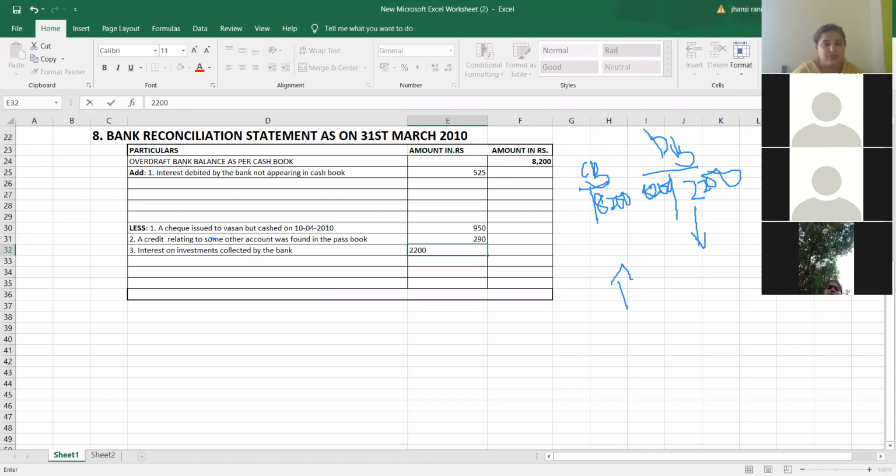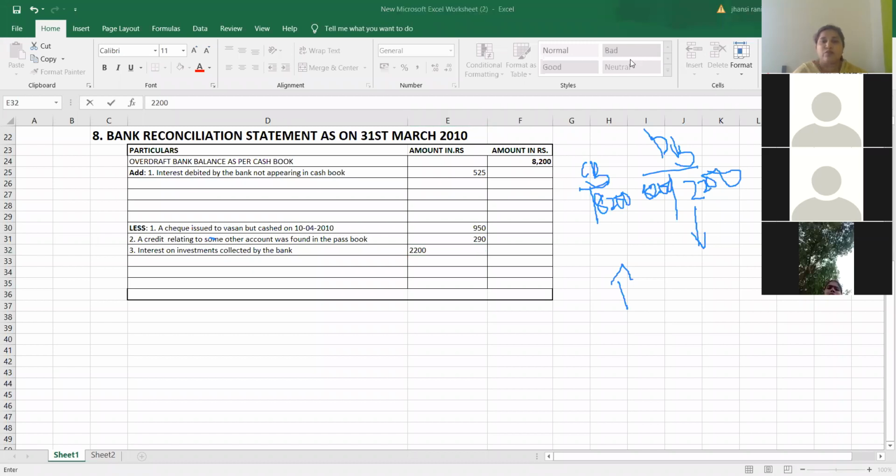Now we move to the last one. Out of checks deposited in the bank for collection on 25th March 2010, a check for rupees 750 was collected after 31st March. So we are depositing a check. Whenever we receive a check, only then can we deposit it in the bank.